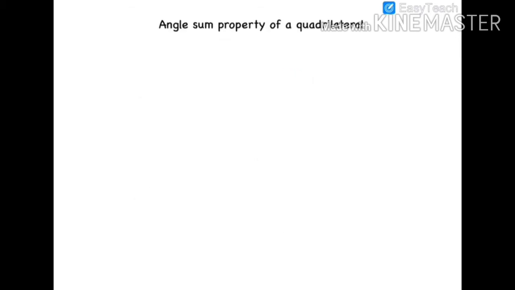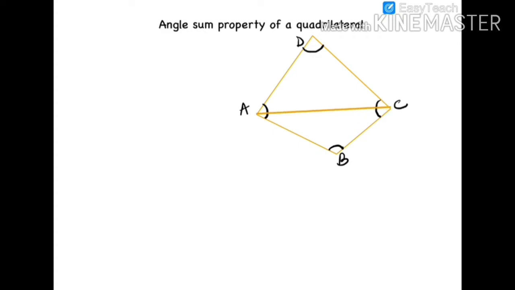Now let's prove the angle sum property of a quadrilateral. So here is a quadrilateral ABCD. Let's draw the diagonal AC. This diagonal divides the quadrilateral into 2 triangles, triangle ADC and triangle ACB.